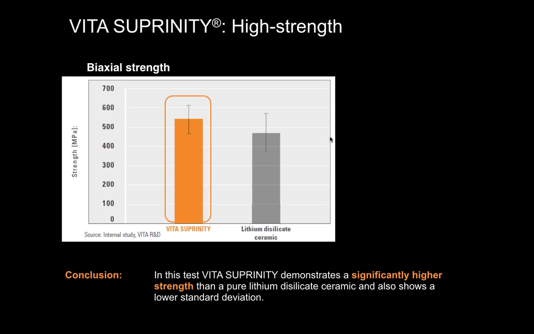Now, strength-wise, we are talking about a biaxial strength of around, I would say, about 550 megapascal. So the deviation goes up to about 620. Deviation of lithium disilicate is bigger, so that material basically ends up around 450, and here we end up 550.